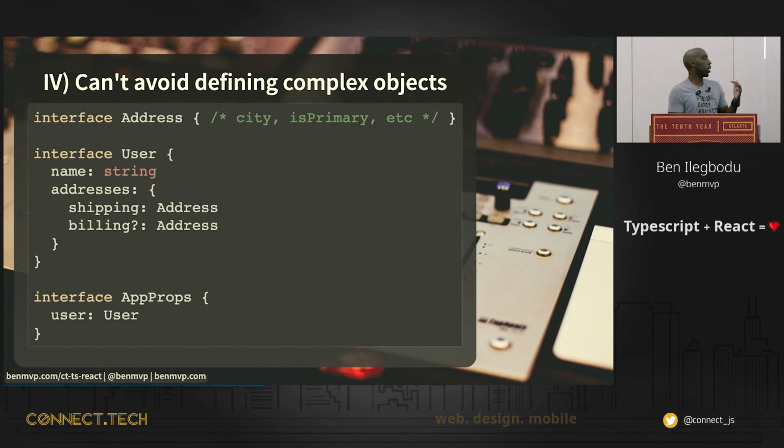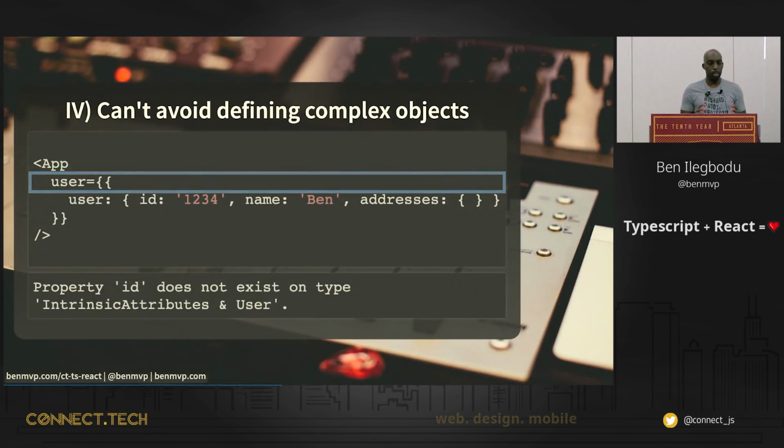So it's all deeply nested, and TypeScript requires you to specify that whole deeply nested structure. So because we defined the structure, we can't not pass some properties of it if they're required. So if we try to pass an extra property, like in this case, we're passing ID, which actually wasn't one of the properties defined, it'll fail.